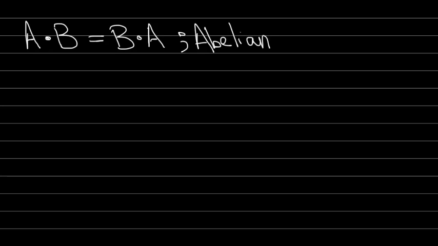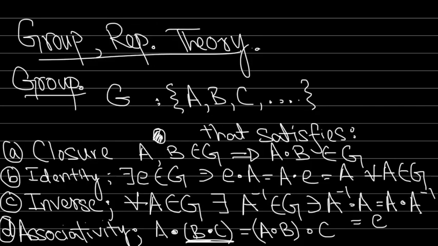And if this were not happening, then you would say that the group is non-abelian. Now, this does not have to be a feature of a group. We only need these A, B, C, and D as features of a group.